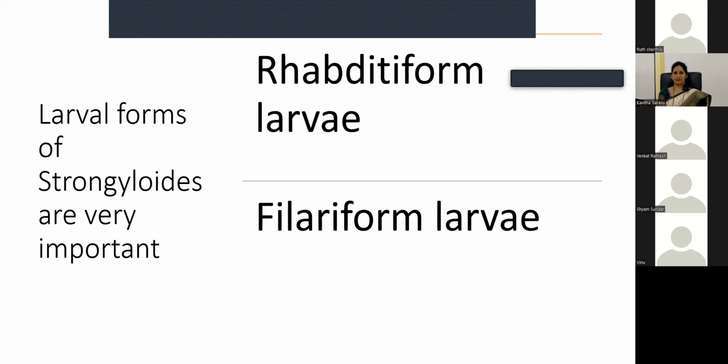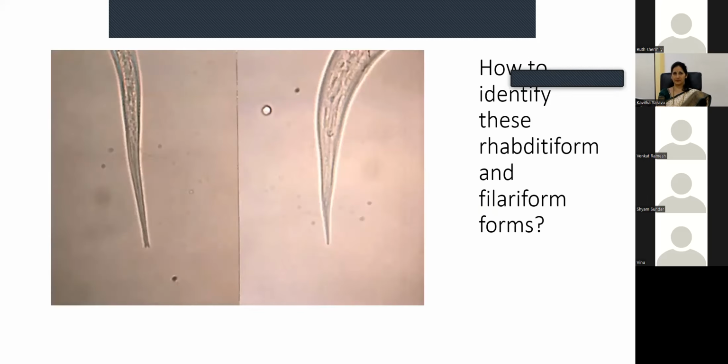So basically, there are two types of larval forms, as Dr. Venkat was telling: rhabditiform larvae and filariform larvae. Filariform larvae are the infective forms, and rhabditiforms are normally present in the stool. To differentiate between them, on the left side of the image you can see a notched tail. This notched tail is present in the filariform, and a pointed tail is seen in the rhabditiform form of Strongyloides, right?